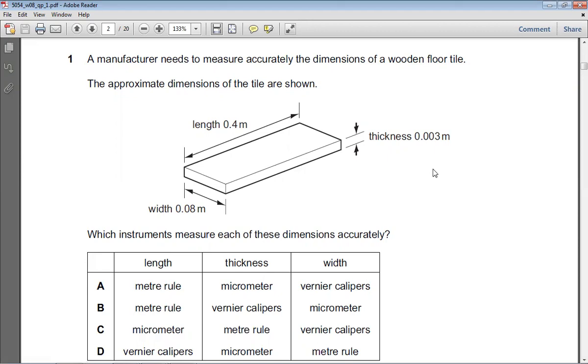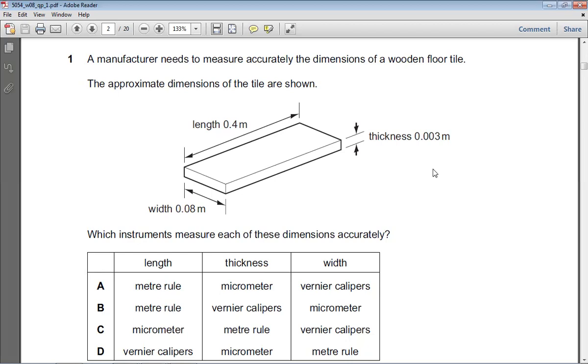A length of 40 centimeter, which is 0.4 meter, can be accurately measured with the help of a meter rule. And the width, which is 8 centimeter, we can use a meter rule. We can also use a vernier caliper. The vernier caliper can measure up to 15 centimeter length. So the vernier caliper can also be used, and we can also use a meter rule.